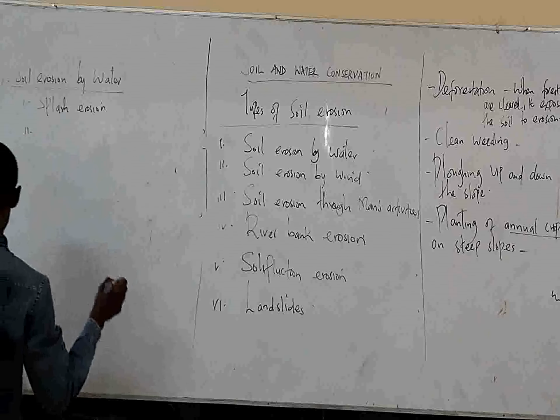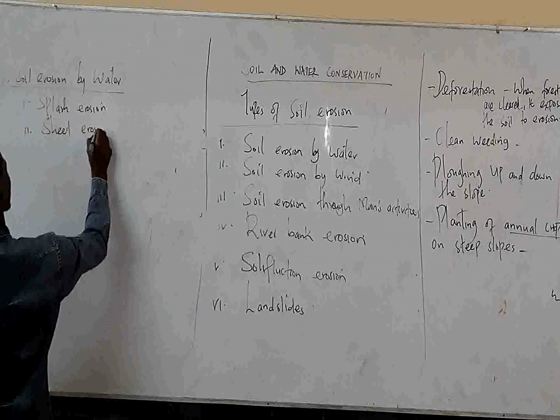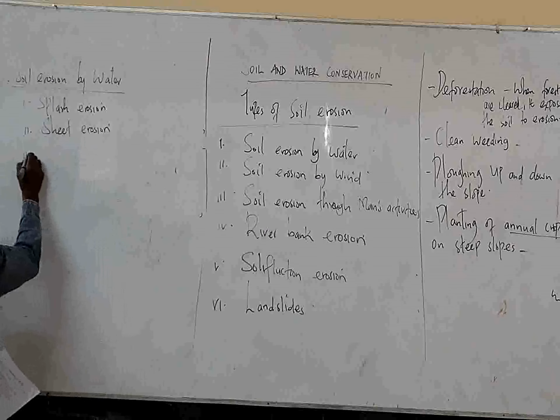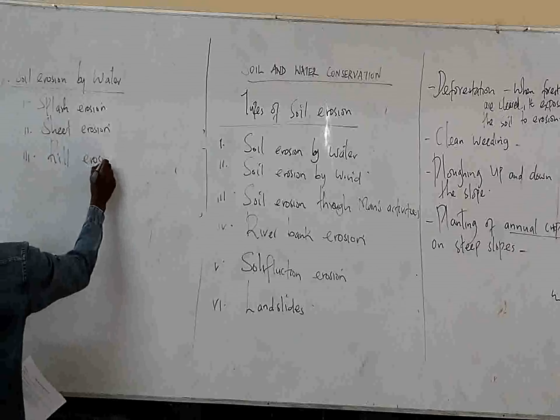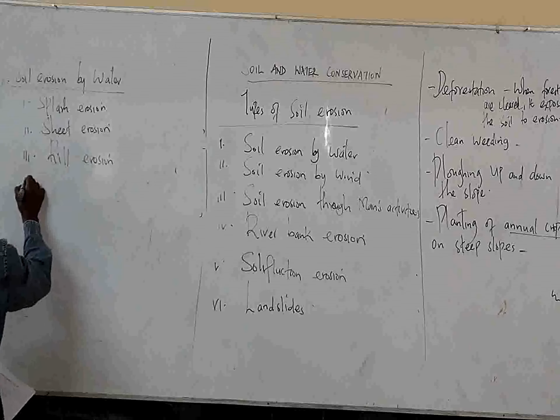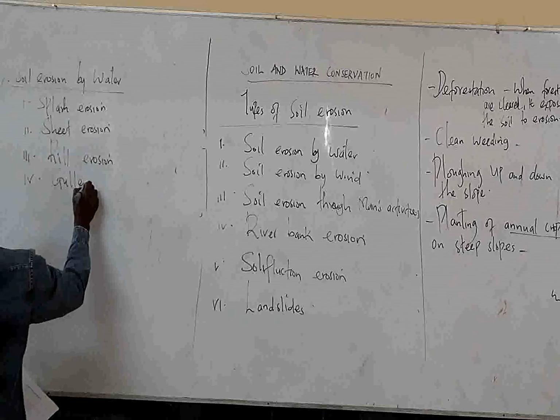Then number two, we have sheet erosion. Number three, we have rill erosion. And the fourth type of soil erosion by water, we have the gully erosion.